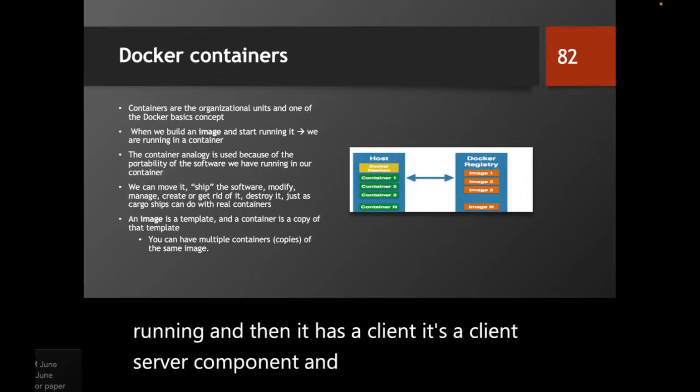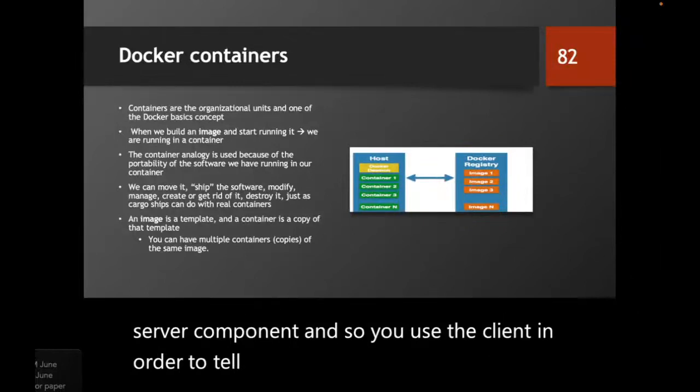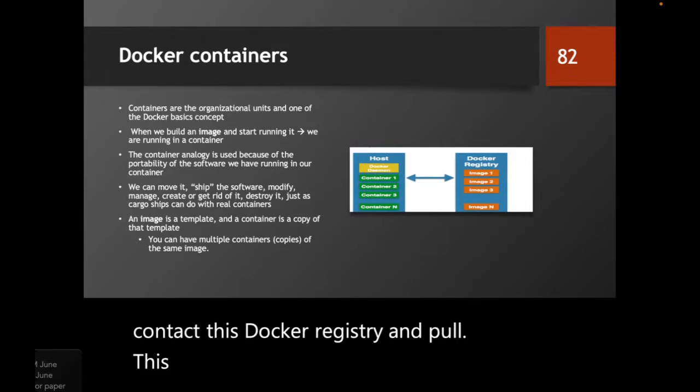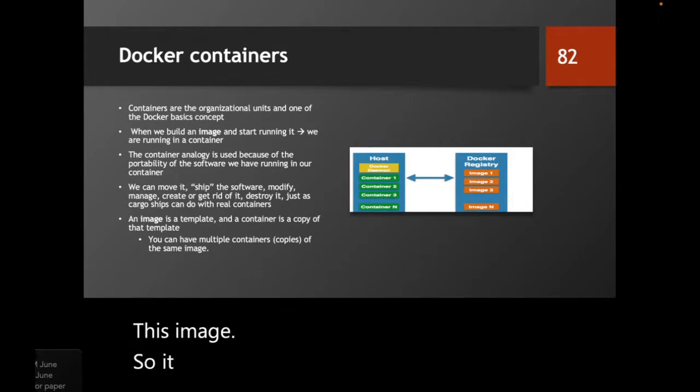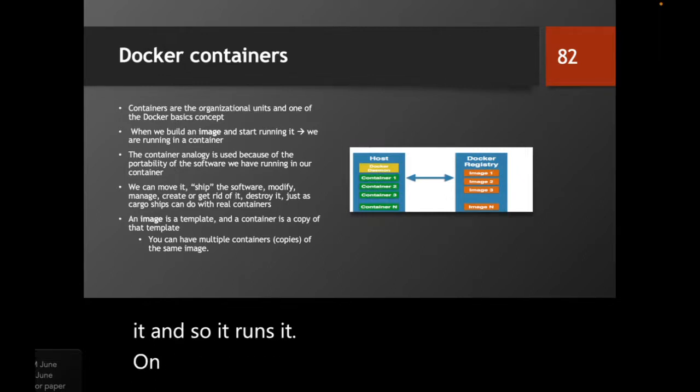And so you use the client in order to tell your Docker engine, contact this Docker registry and pull this image. So it pulls the image, and then you say, now run it. And so it runs it on your computer with no installation required.